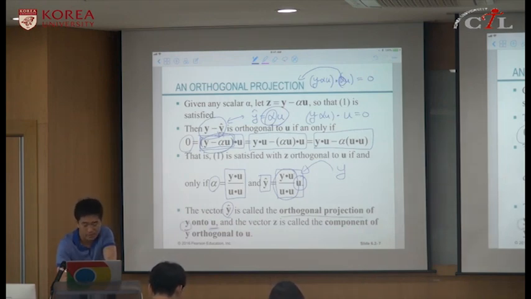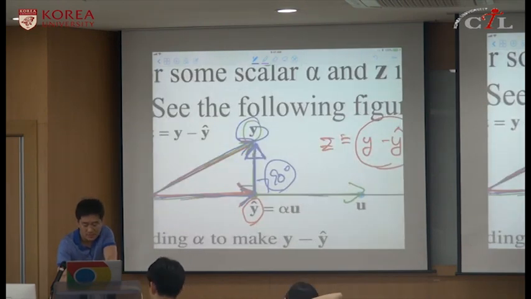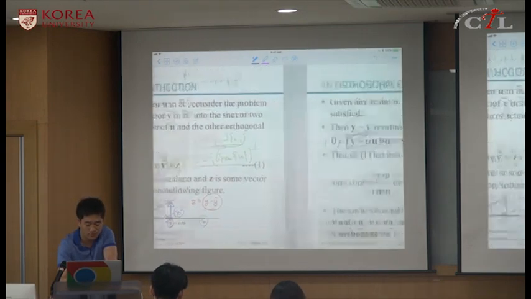So we are basically projecting this y into this line spanned by u, and that point is called y hat, the orthogonal projection of y onto this u.